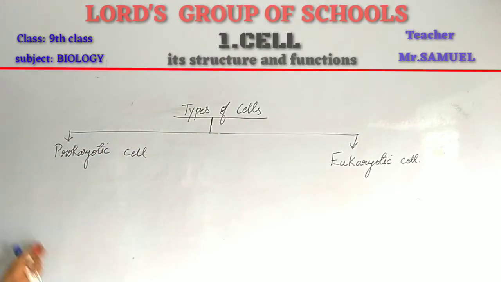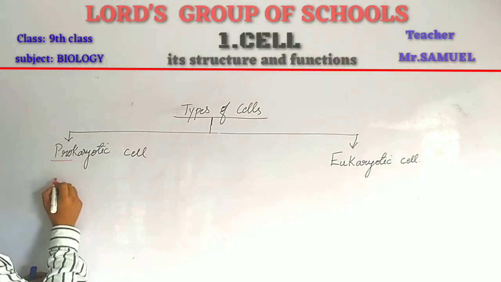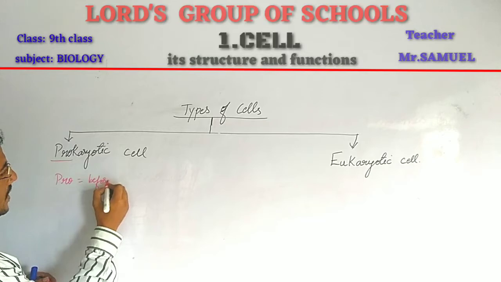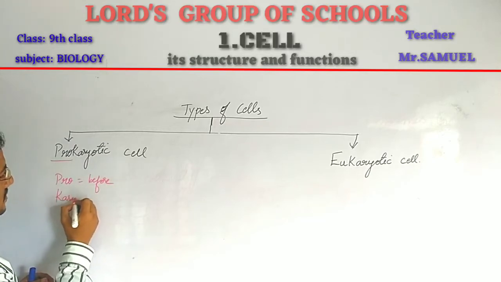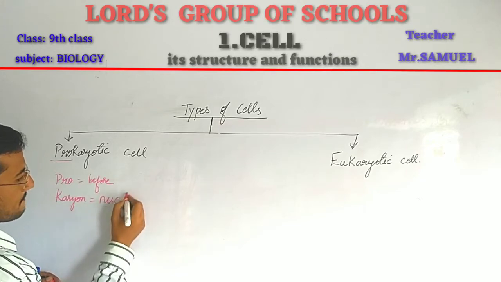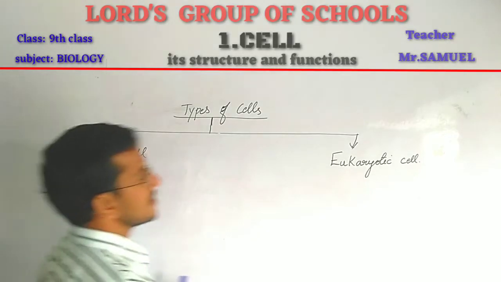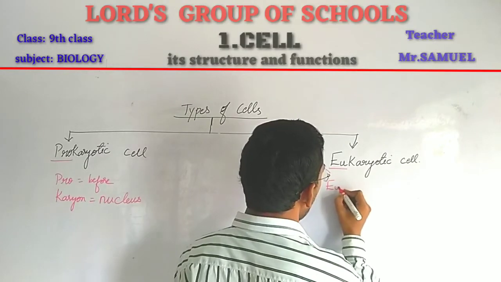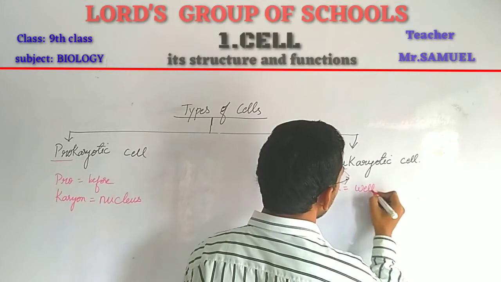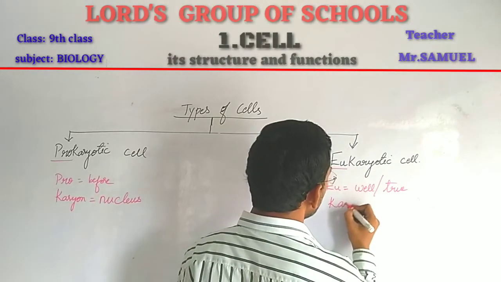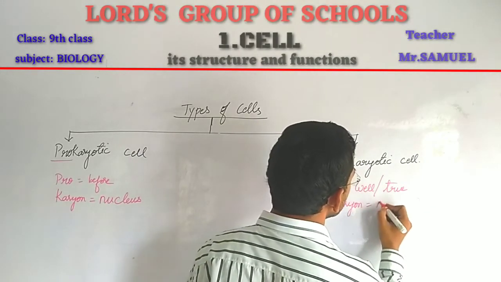Here, pro means before and karyon means nucleus. Here, eu is nothing but well developed, or we can say true, and karyon is nothing but nucleus.